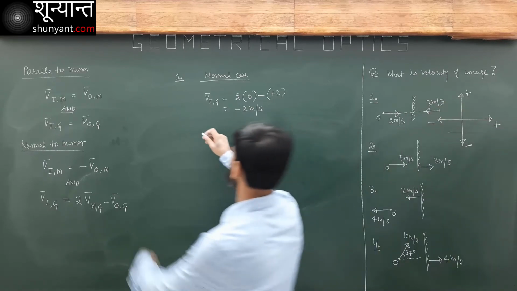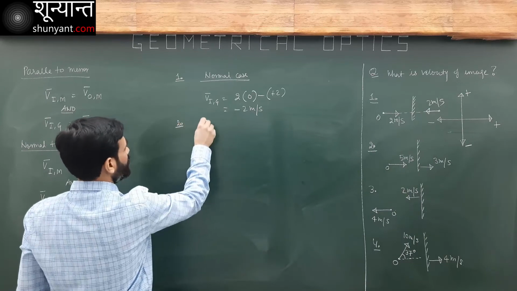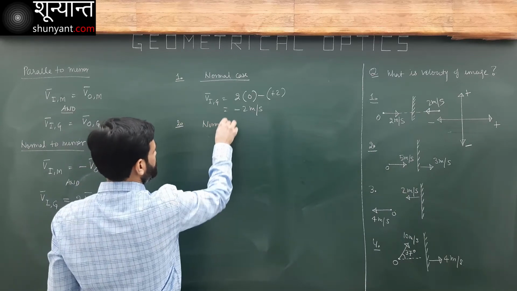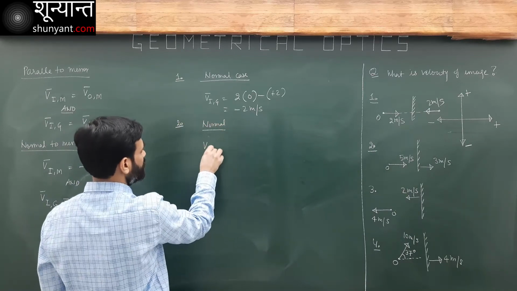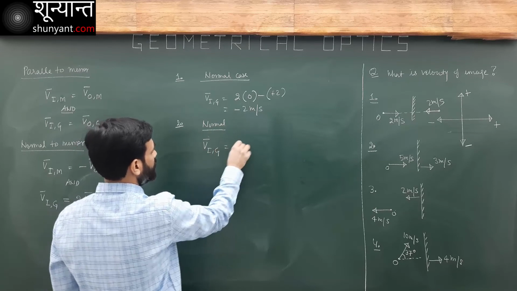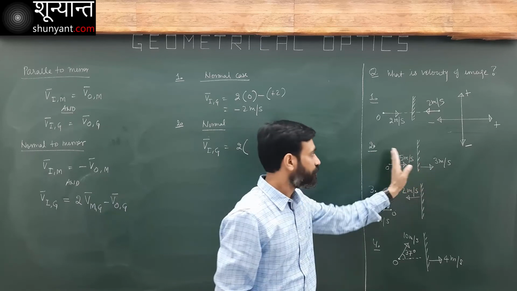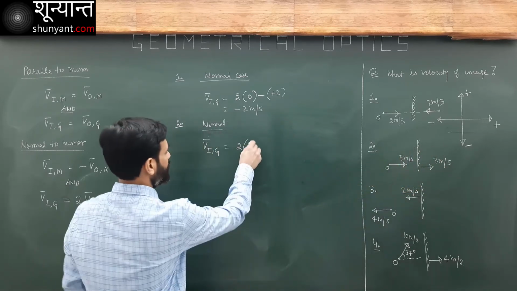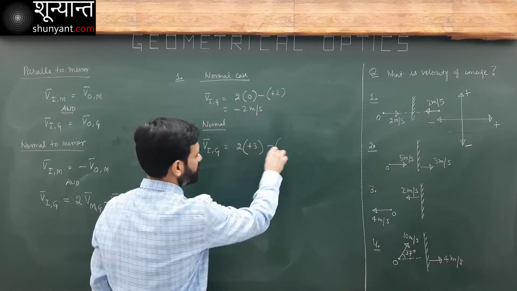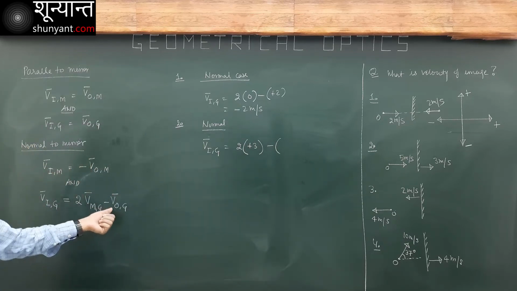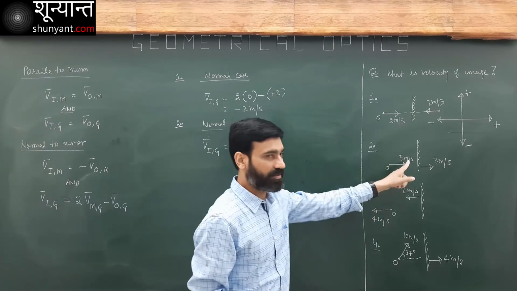Second is also a normal case. Velocity of image with respect to ground is 2 times velocity of mirror. It is towards right, so I will write plus 3, minus velocity of object, which is also towards right, plus 5.